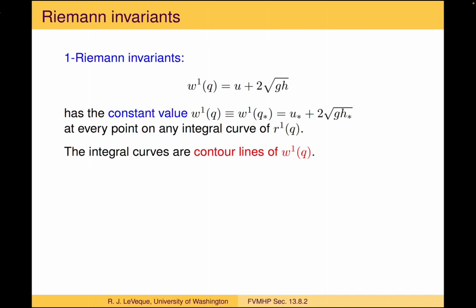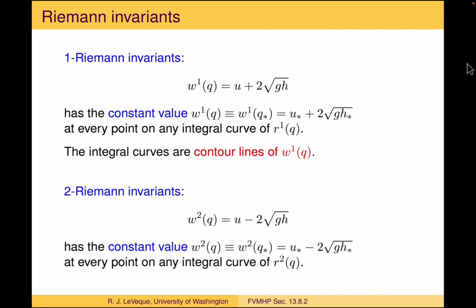So another way to plot a large set of integral curves would be to choose some region in phase space and discretize it on a fairly fine uniform grid, evaluate w1 at every point on the grid, and then make a contour plot of w1 of q. The contour lines would be good approximations of the integral curves corresponding to R1.